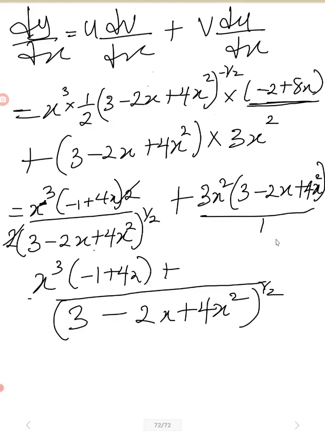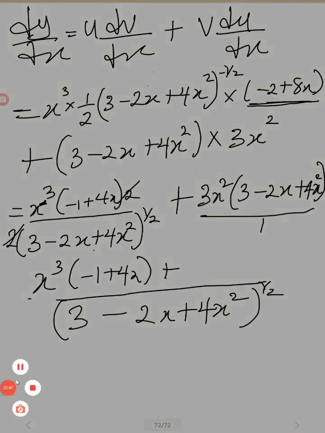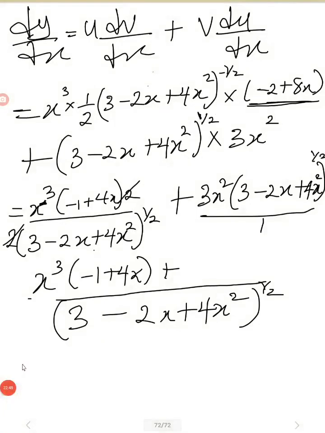Now plus. By the time this multiplies this, recall that there is a half here and a half here. So we now multiply this. It's as if you just have to multiply a raised to power half times a raised to power half. It will give you a. That's what I want to do.